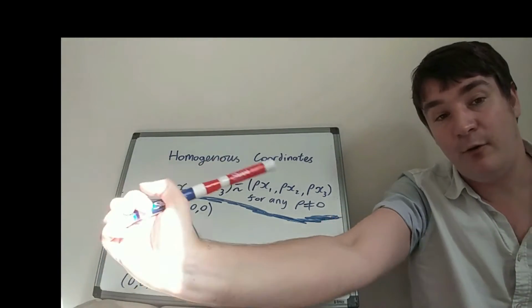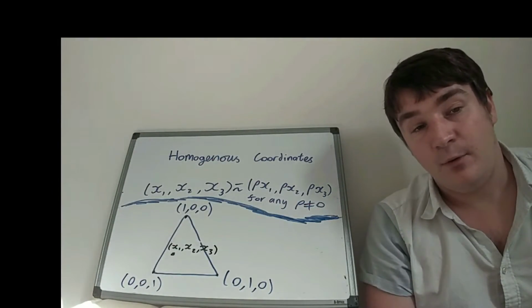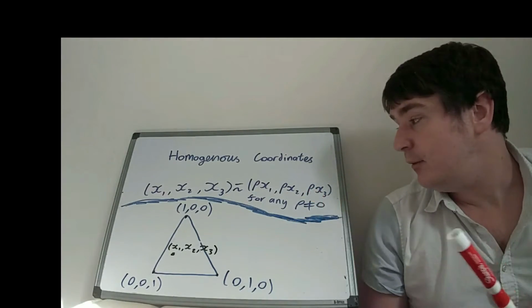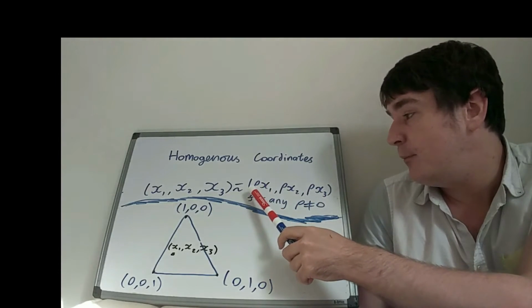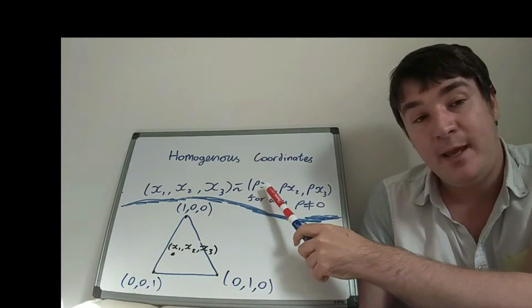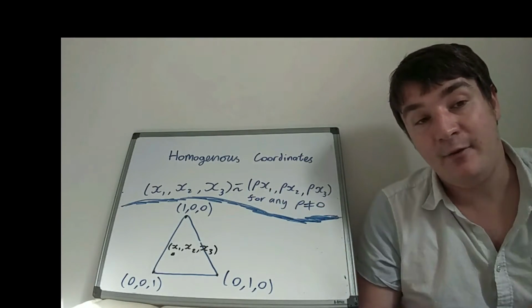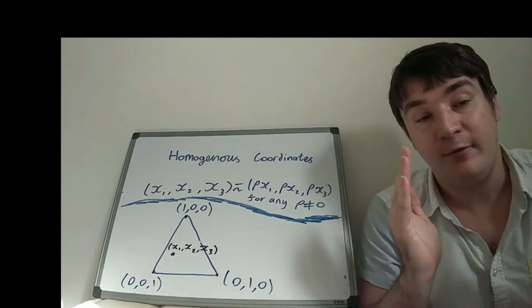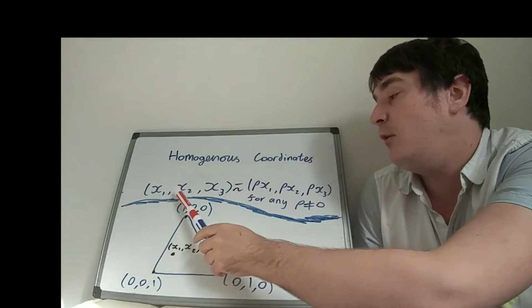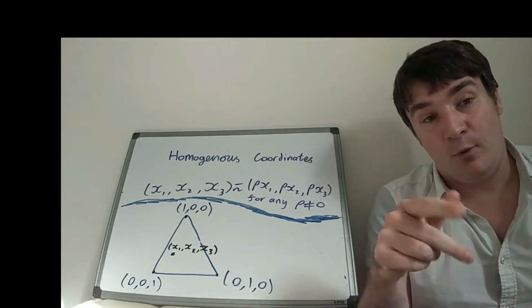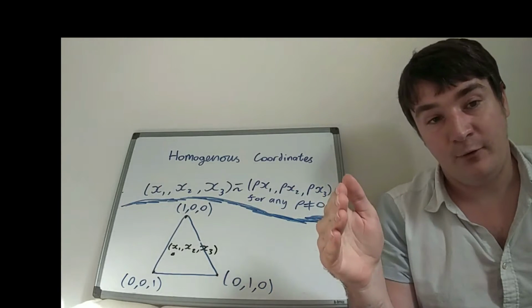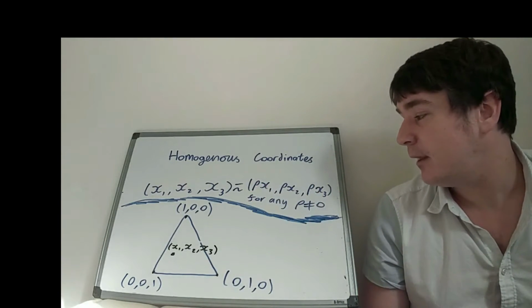And so in homogeneous coordinates we have this special property that we can multiply the coordinates of a point by any non-zero constant, and we get a new expression that is equivalent to the old expression. It refers to the same point. So all that matters is the ratio between x1, x2 and x3. So x1, x2, x3 refers to the same point as 2x1, 2x2, 2x3, and so on.